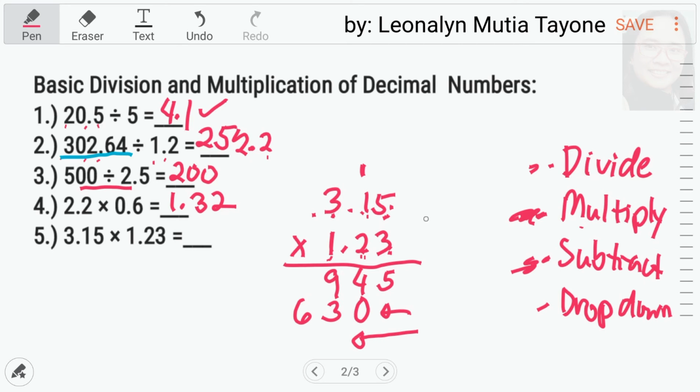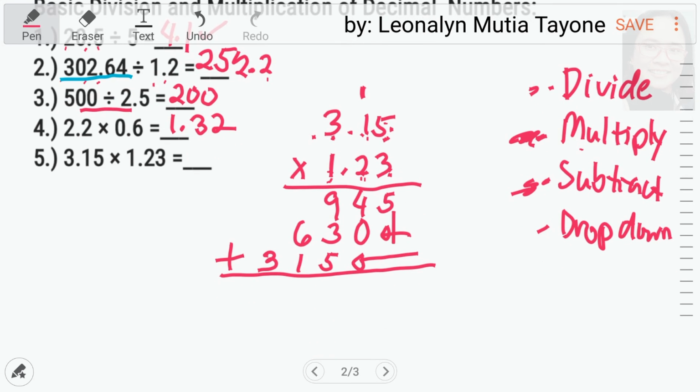1 times 5 equals 5. 1 times 1 equals 1. 1 times 3 equals 3. Ngayon, mag-add na tayo. I-drop lang si 5. 4 plus 0 equals 4. 9 plus 3 plus 5, and that is 17, carry 1. 6 plus 1 equals 7 plus itong 1 equals 8. Then, i-drop mo lang si 3.